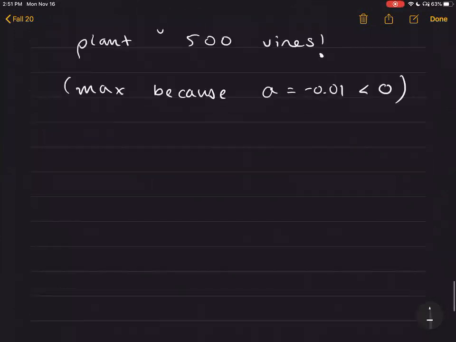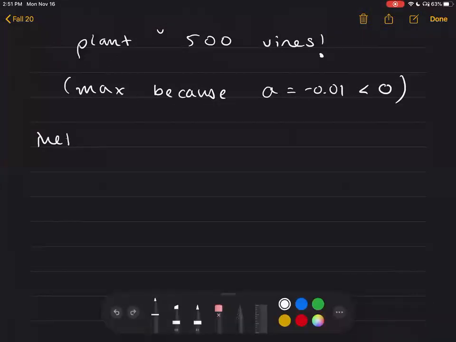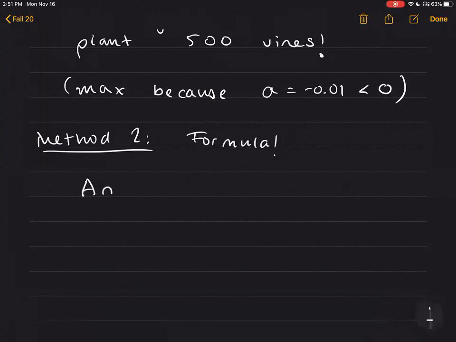I imagine most of you will prefer the second method, which is to use the formula. So remember, we started off with an, and then we distributed it in. So I'm just going to write out that form. So we have n squared plus 10n, because now we know that the max is going to occur when x equals negative b over 2a.